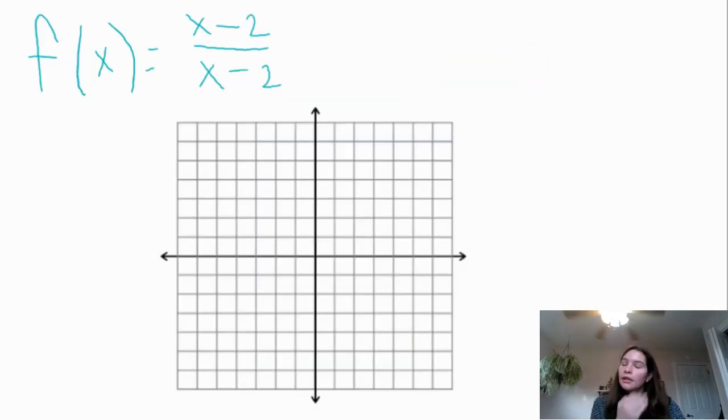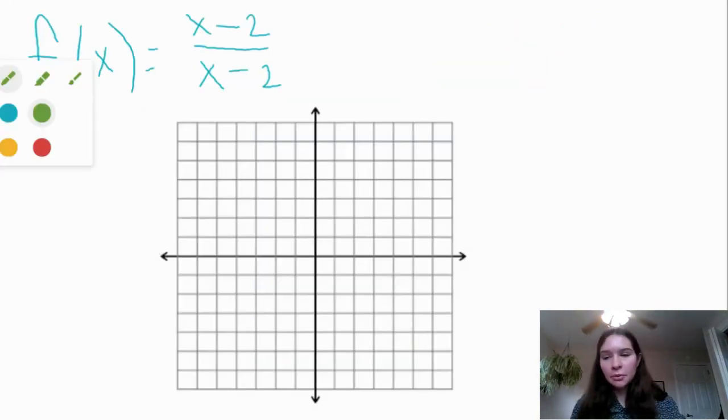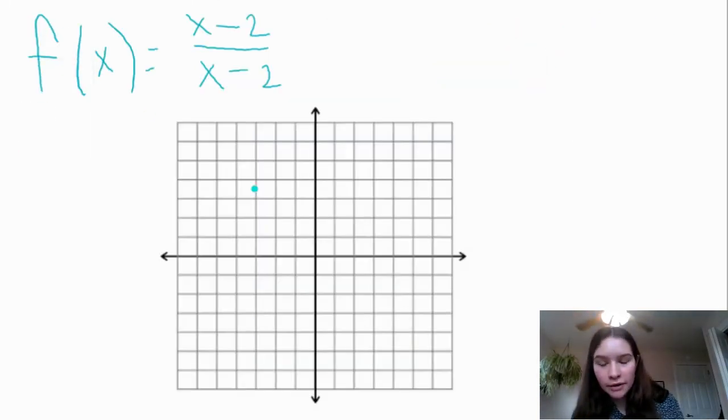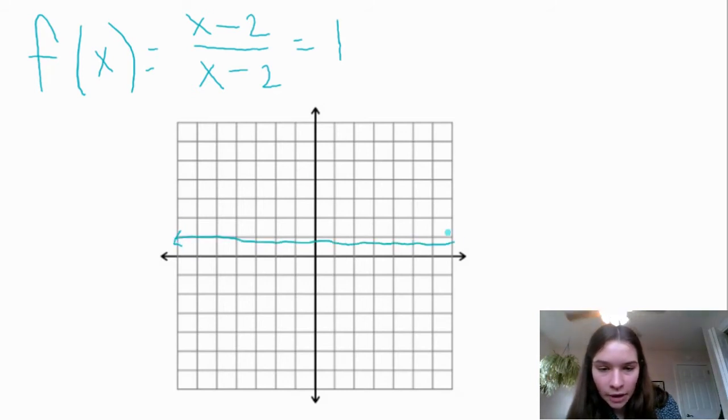Okay, let's try another example. So this one's a little more complicated. This is going to have a hole in this, and we know that because x minus 2 over x minus 2 equals 1, right? Because these two cancel out. So we know it's going to be like this.